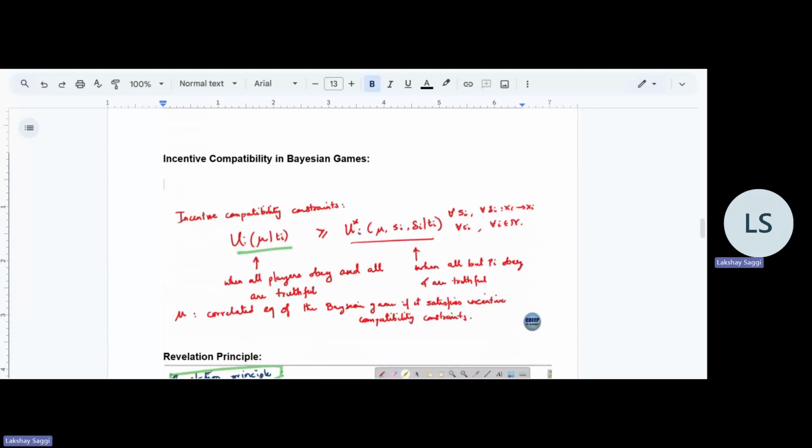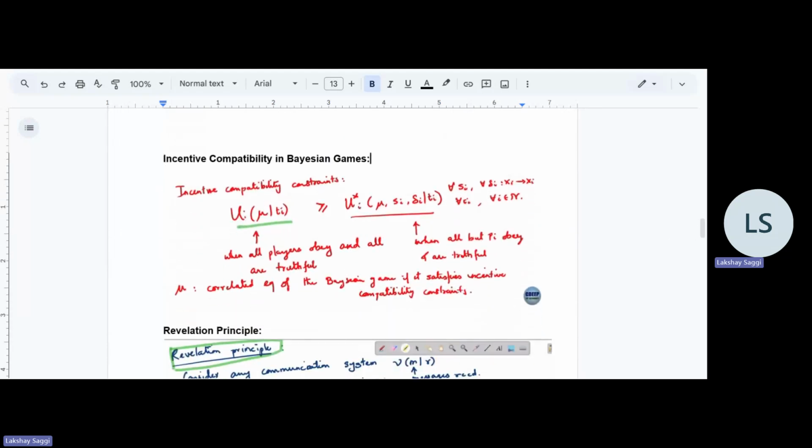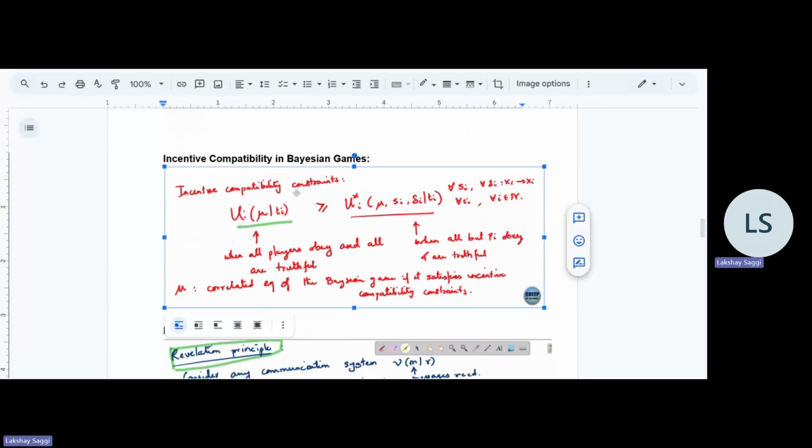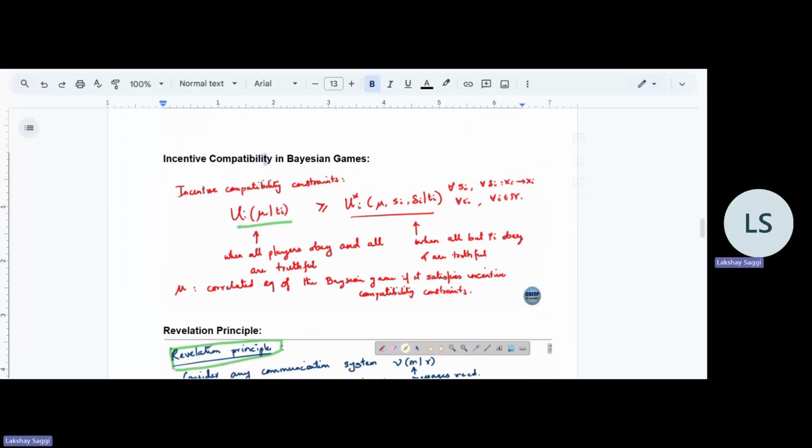The incentive compatibility constraints are not something which will occur in all Bayesian games, but if this kind of thing occurs, then that's what we call a correlated equilibrium in Bayesian games, and a good mediator's strategies will be able to reach this equilibrium. And what are these constraints?